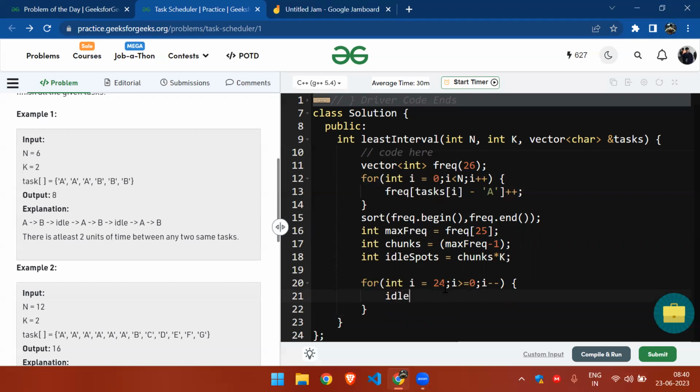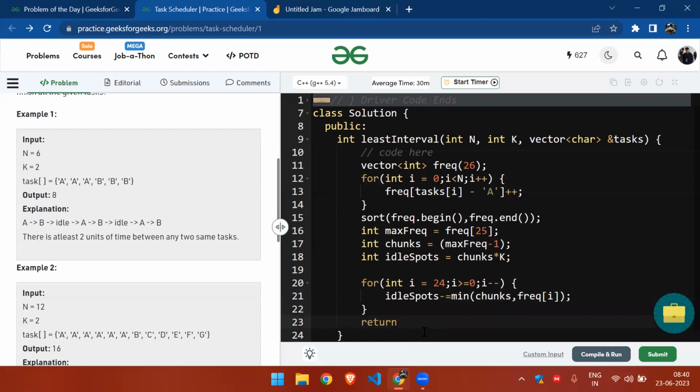Now the idle spot will be decremented by the minimum of the number of chunks we have, or the frequency of the different character I am having. If you don't get line number 21, I can explain it again.